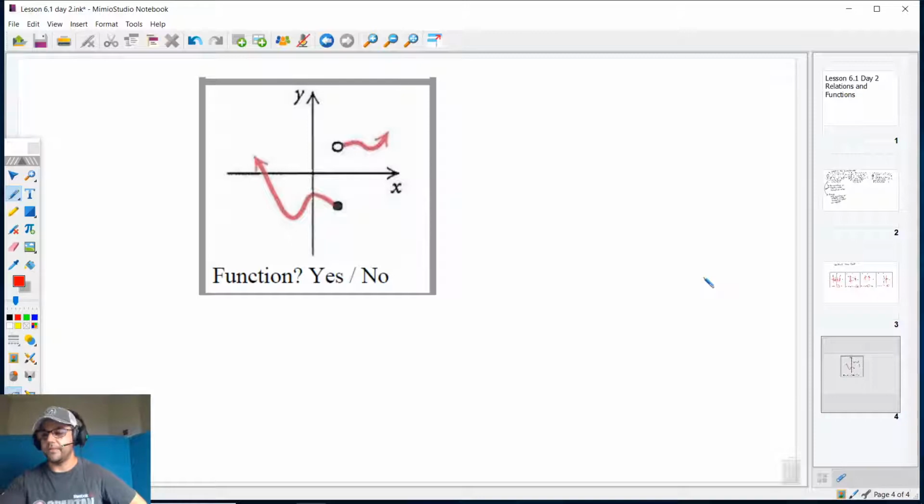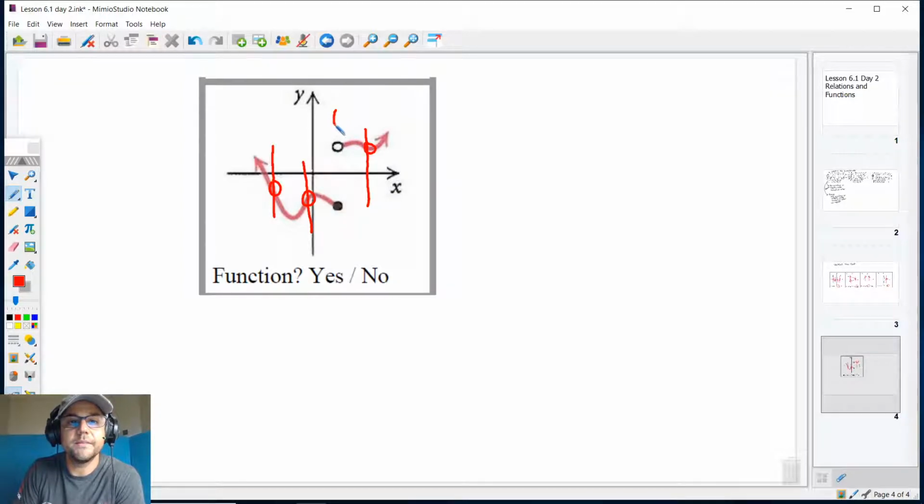So look at this one, though. This is one of those special scenarios. So if I do a vertical line test here, looking good. It's right here is where some students, let me see if I can do it with an actual tool.